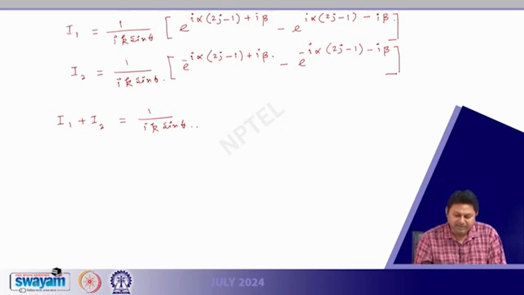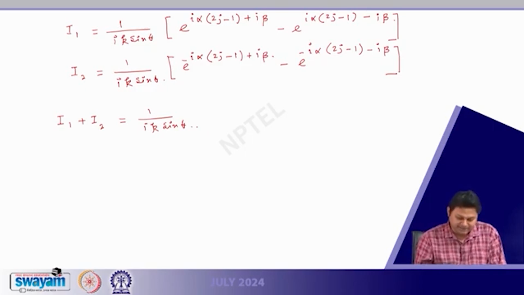In the first case I can take common e to the power I alpha (2j minus 1), so that I can have e to the power I beta minus e to the power minus I beta, and from the second case we can take common e to the power I minus alpha (2j minus 1), and again we get e to the power I beta minus e to the power of minus I beta.